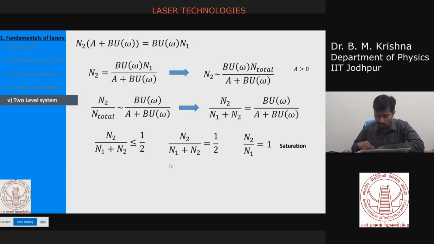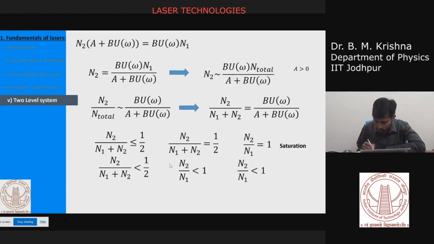So in the two level system, you will get the saturation condition in one case. The second case is N2 by (N1 plus N2) much less than one half. That means your N2 by N1 is always much less than 1. So this is your absorption condition. That means your N2 is always much less than N1. So that way the absorption process always dominates.